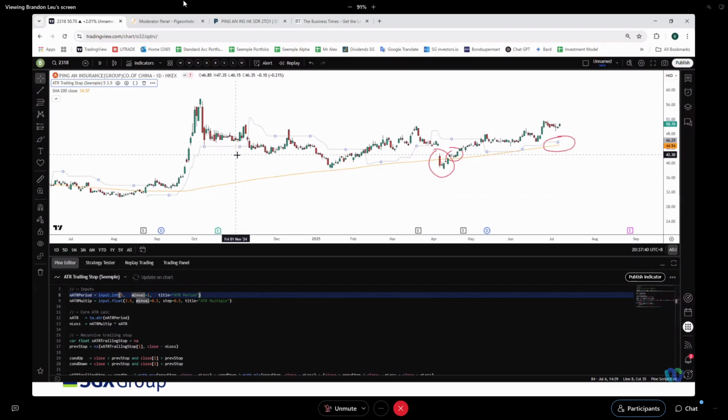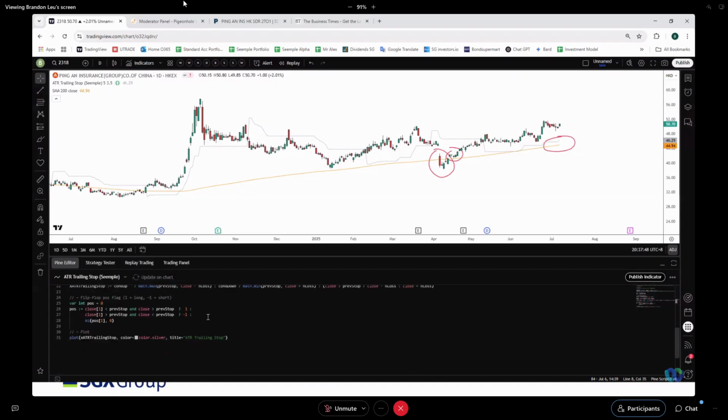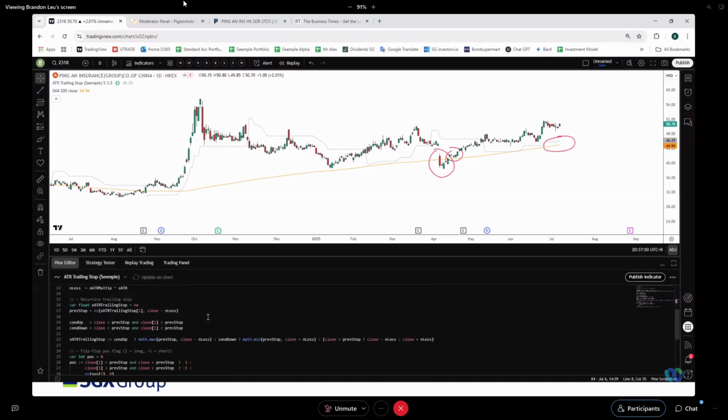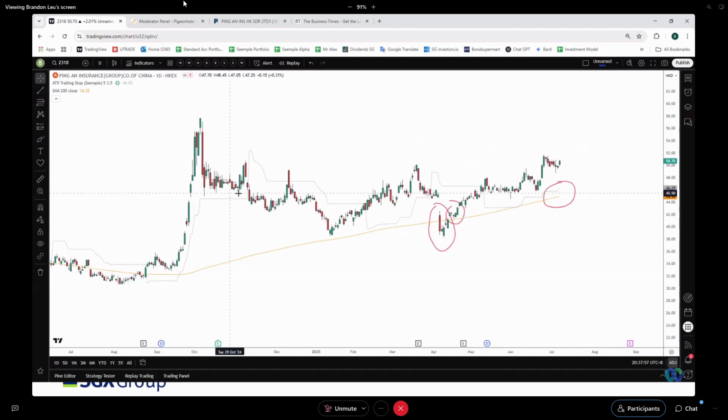Mine is open source. You can go to TradingView and save my indicator. You look at the code, you can cut and paste. You can do a ChatGPT conversion of code to your trading platform, and then the ATR should work. If not, you can start a free account on TradingView to use this indicator.